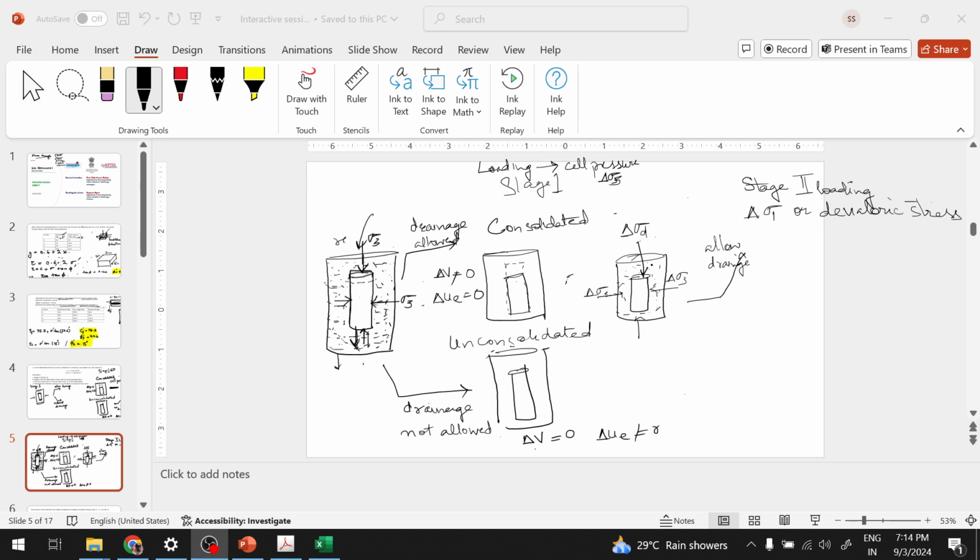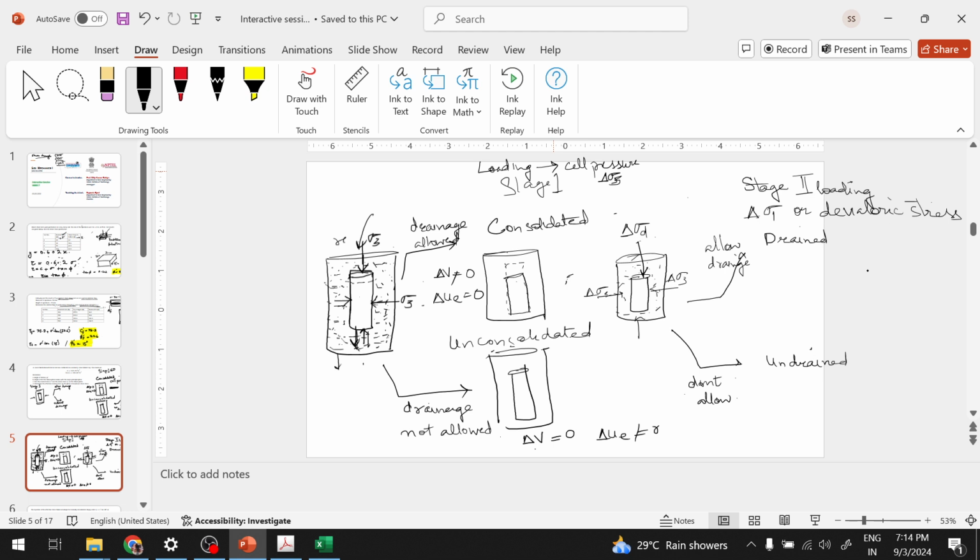If we allow the drainage, it will be called a drained test. And if we don't allow drainage, it will be called an undrained test.